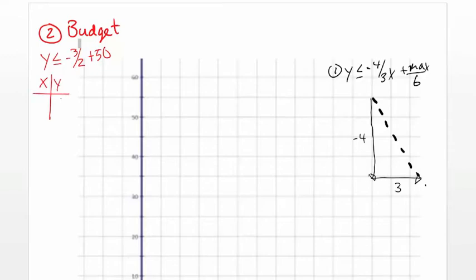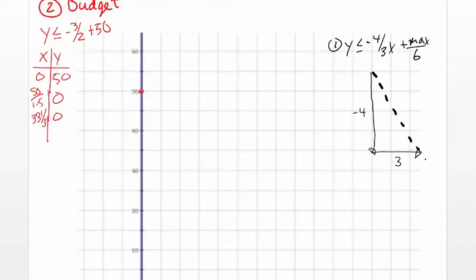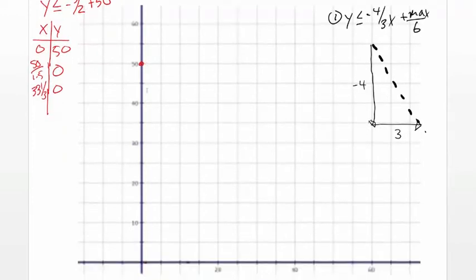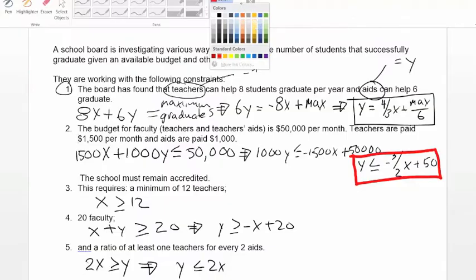So if you set x to 0, y is going to equal 50, and if you set y to 0, x will equal 50 over 1.5, which is 33 1/3. So let's go ahead and plot those two. When x equals 0, y equals 50, and when y equals 0, x equals 33 1/3. So that's the point there, 33 1/3, 0, and then the line looks about like that.